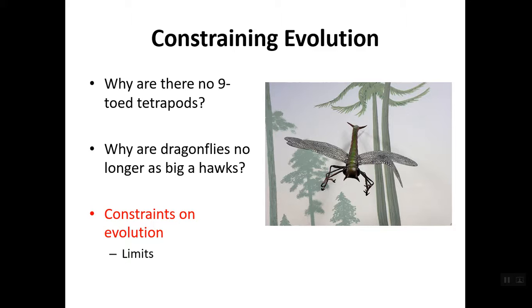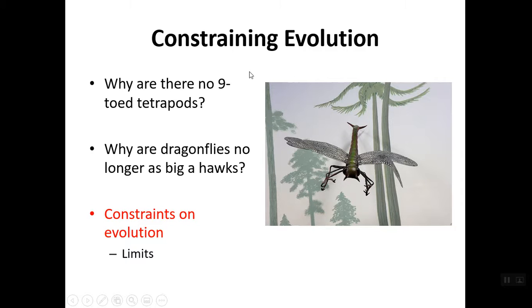So this phenomenon where the environment puts a constraint on evolution, in this case on the size of animals, is known as constraining evolution. Constraints on evolution represent limits in the size, or limits in the number of legs or number of wings or number of structures. So the environment can put a big constraint on evolution, but it's not the only factor that can.